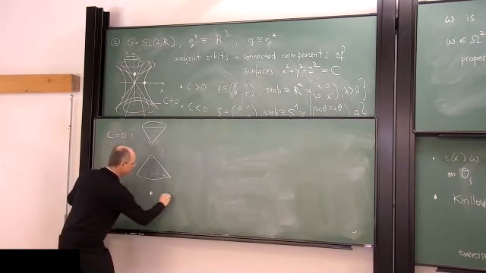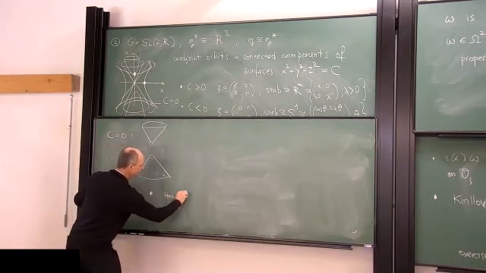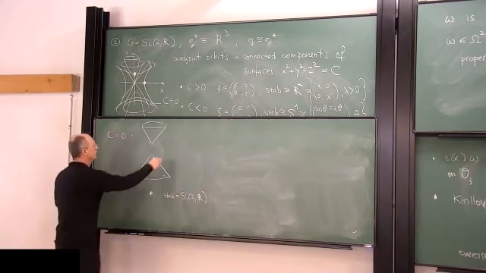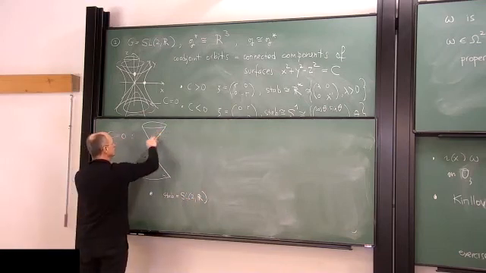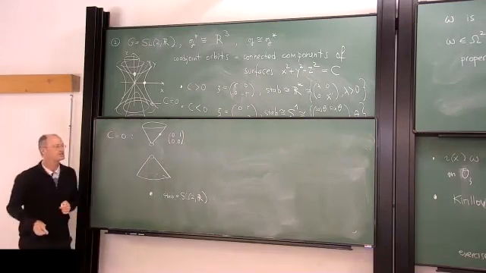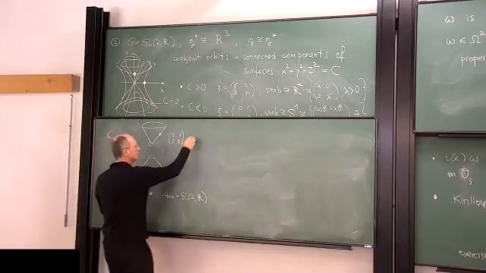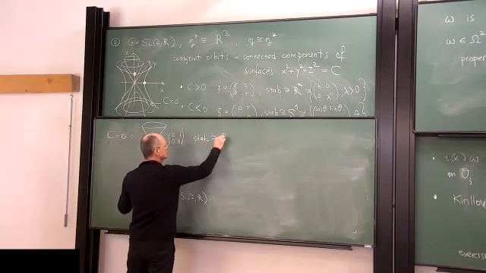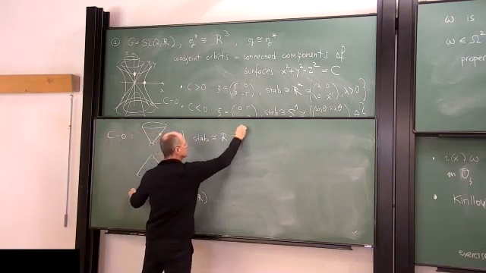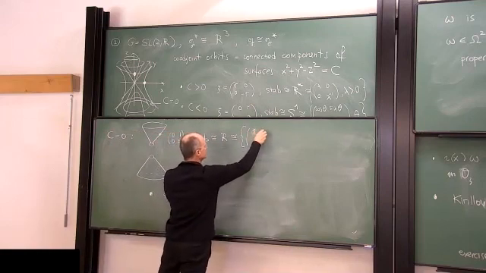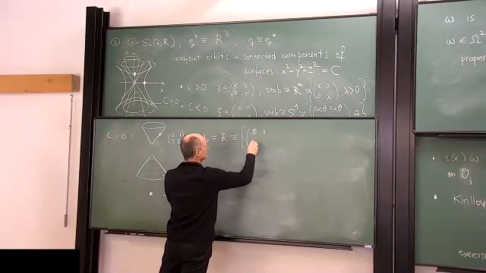So here, of course, the stabilizer is equal to SL2R. And here, the typical point would be the nilpotent matrix 0, 1, 0, 0. So the stabilizer will be isomorphic to R, and this will be just the Jordan blocks.